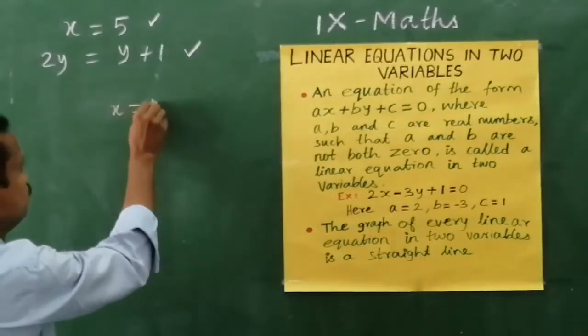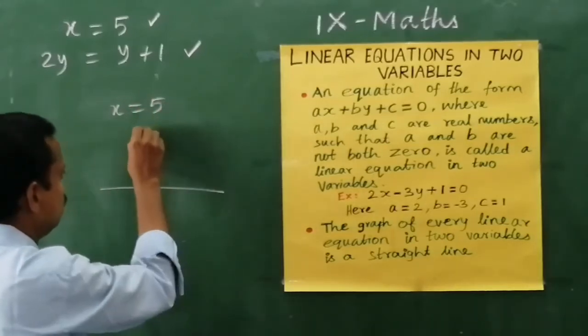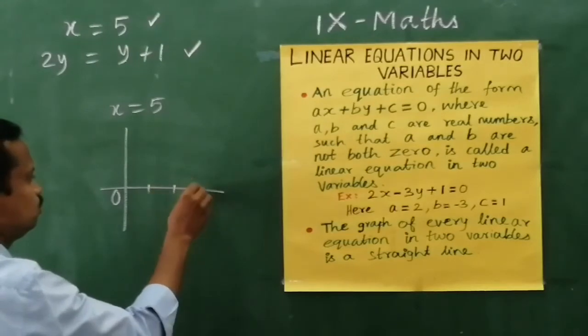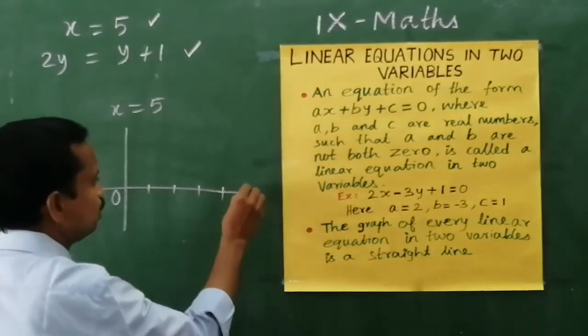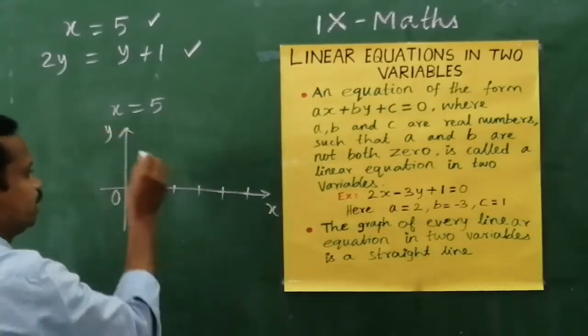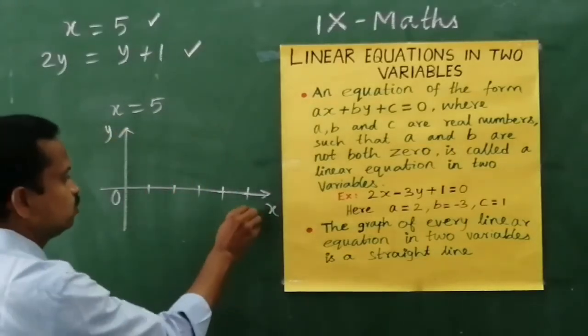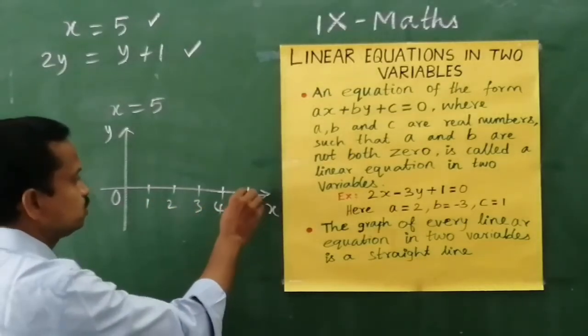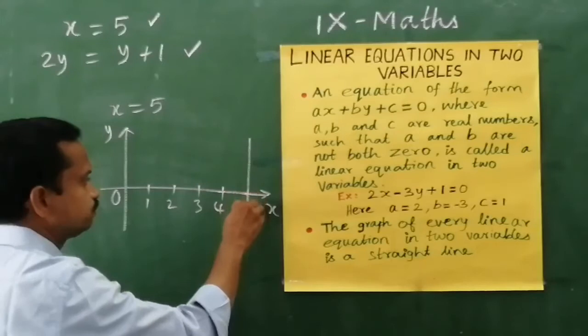X equal to 5, how do we draw it in a graph? This is the origin, 1, 2, 3, 4 and this is 5, x axis, y axis. Through this point you have to draw a line.